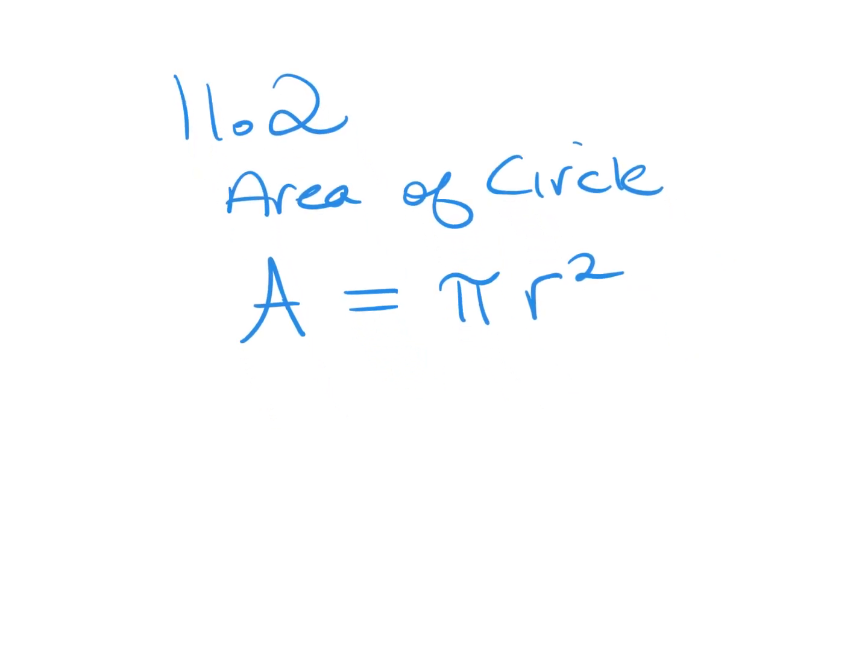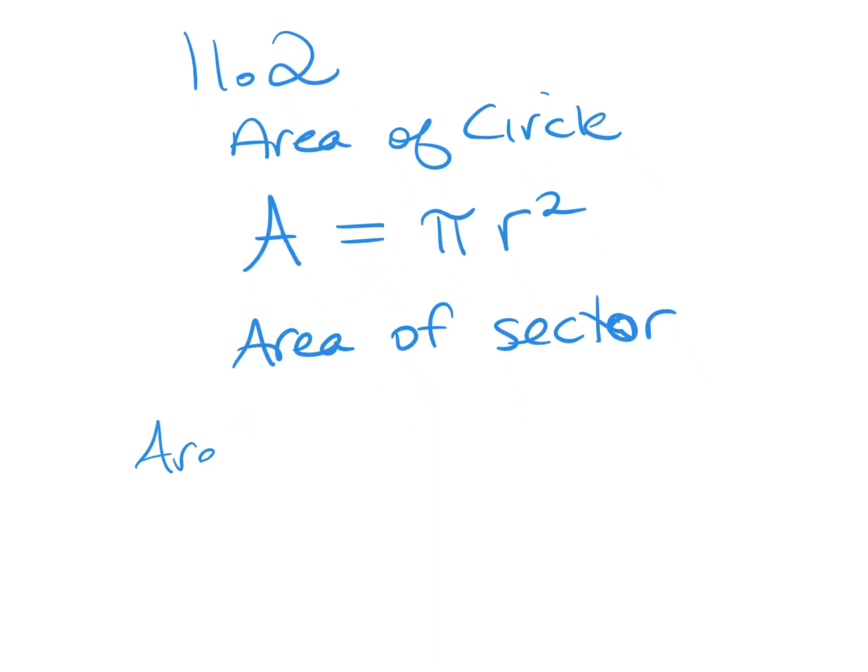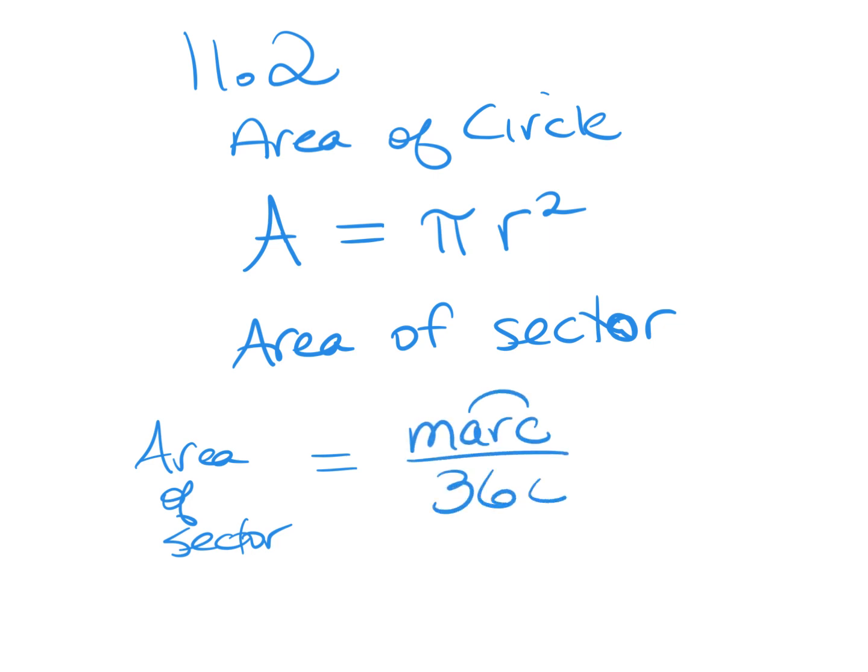Then we also learned area of a sector. And that formula, so area of a sector, which is like the area of a piece of pizza, is equal to measure of the arc divided by 360.